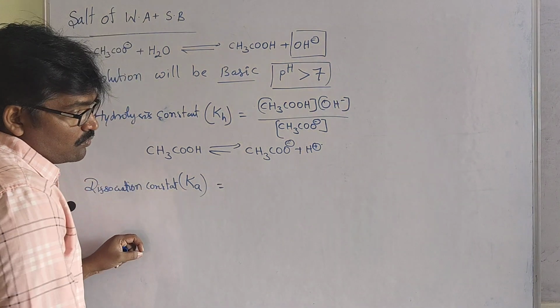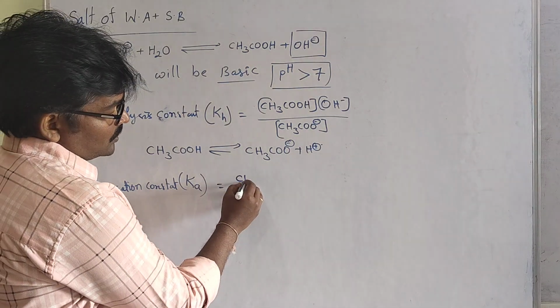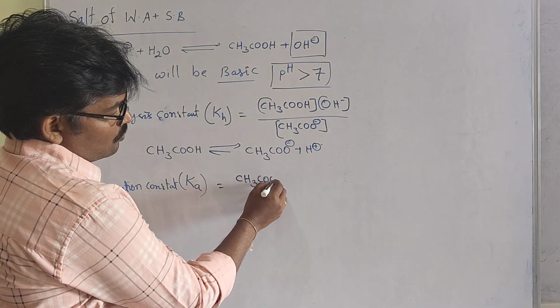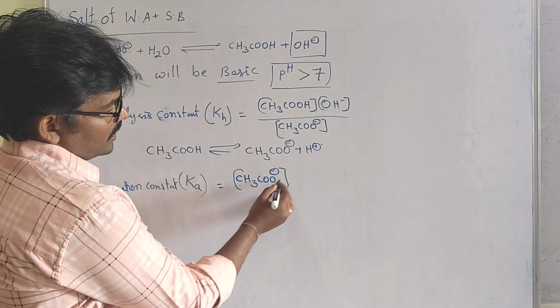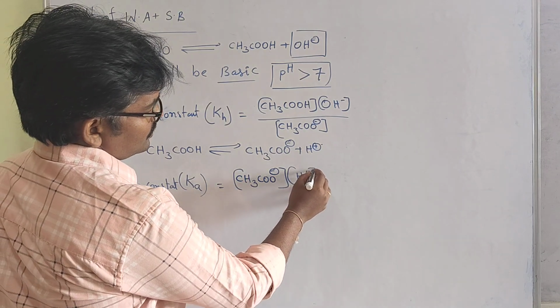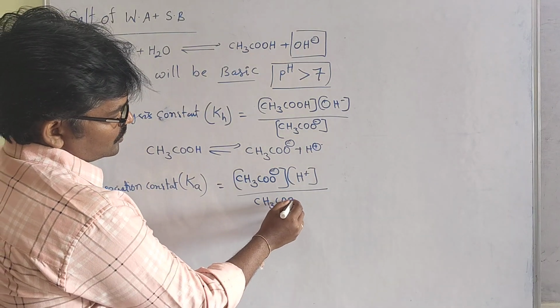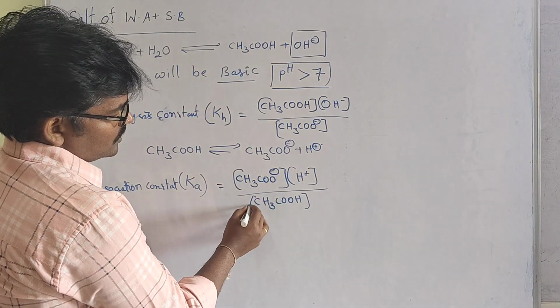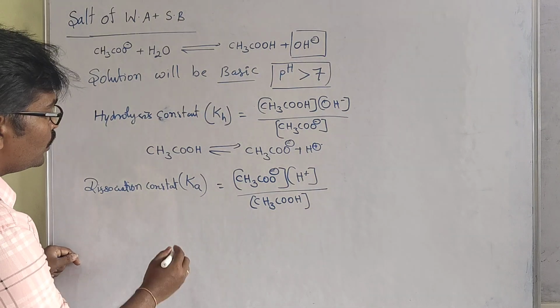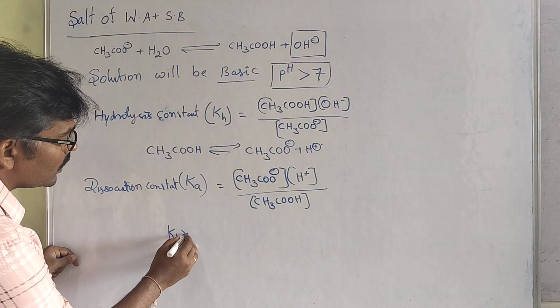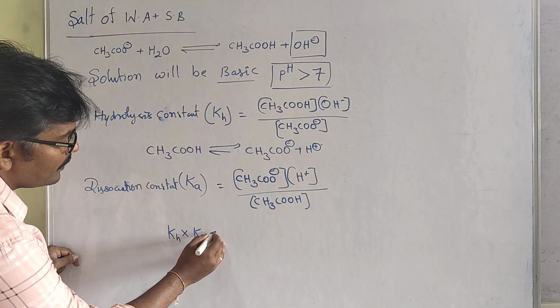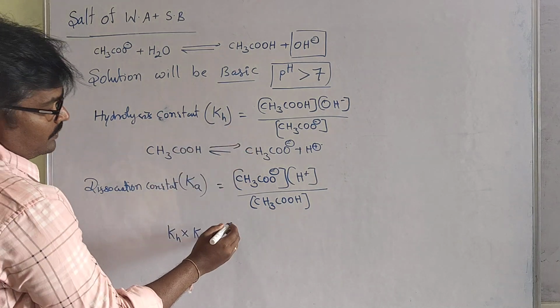Ka equals CH3COO minus concentration times H plus concentration, divided by CH3COOH concentration. Yes, my dear students, right. Sir, if you multiply KH into Ka, then what will KH be?